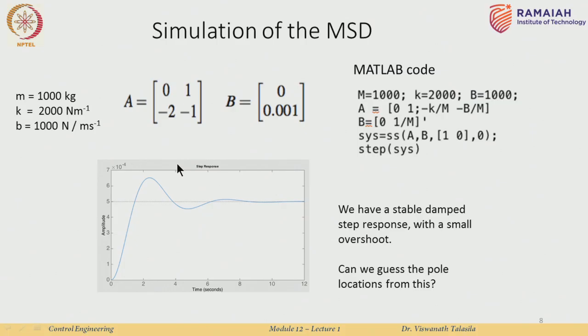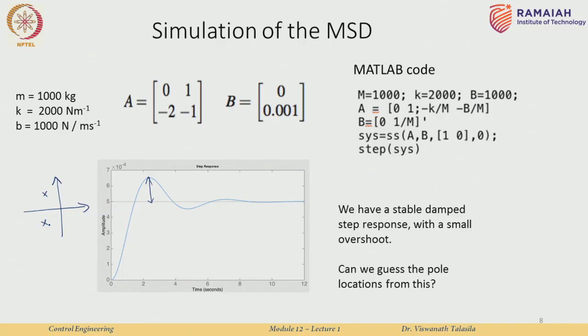If I do a simulation of this, we see a step response of the following type. You see that this is a damped stable response with a very small overshoot. And we have seen from the transfer function modeling of a mass spring damper that when you have this kind of response, we can guess what kind of poles the corresponding transfer function would have. For this kind of response, it is very easy to see that the poles would be like this.